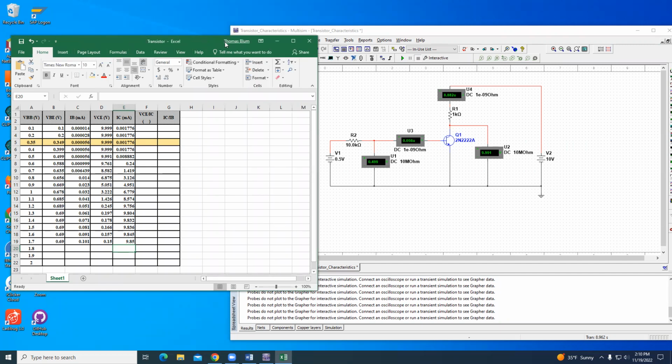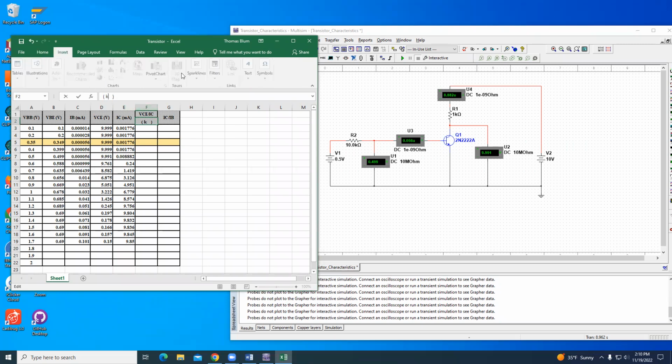I'm going to look at what is asked over here. Get the collector-emitter voltage divided by this collector current, and I will be dividing volts by milliamps, so I'll be getting kilo-ohms.